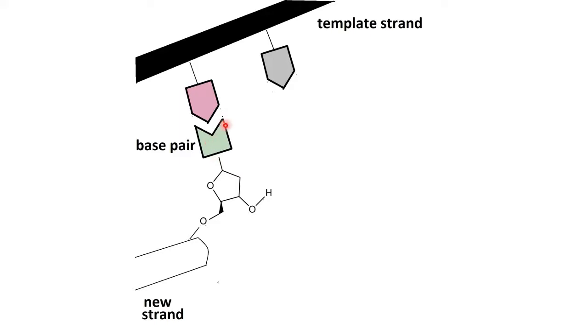So we have the base, which forms its complementary interactions with the corresponding base on the parent strand. We have the sugar residue here, and this link goes via a phosphorus onto the new strand there. Also attached to this sugar, we have this OH group, which is very important because that's what's going to react in bringing the new nucleotide in.